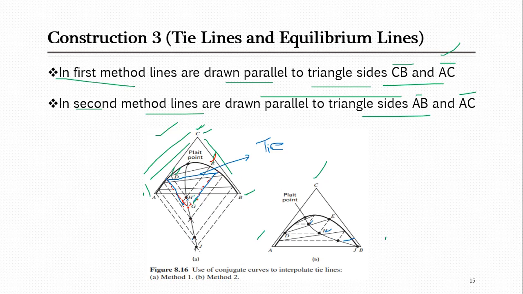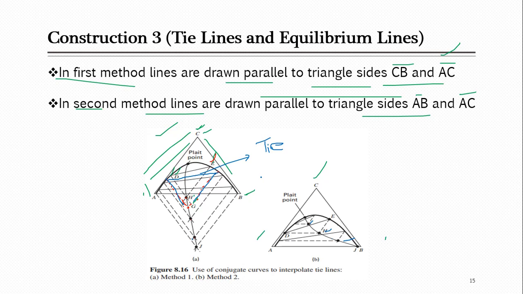I already explained how these points are located, but if you need more clarification, just watch that video and it will be clearer how this curve was formed, and how those points are located back to draw a tie line which was not already available in the system. So up to here we are done with construction 3.